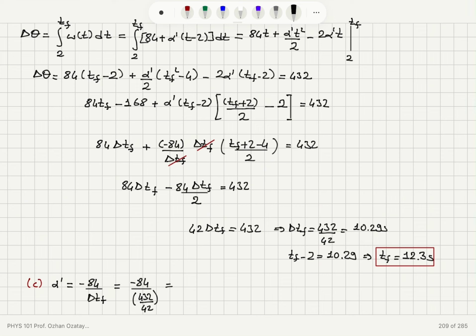So this gives us minus 8.17 radians per second squared as the angular acceleration in the time interval between t equals 2 and t equals 12.3 seconds. That is an angular deceleration because it's negative.